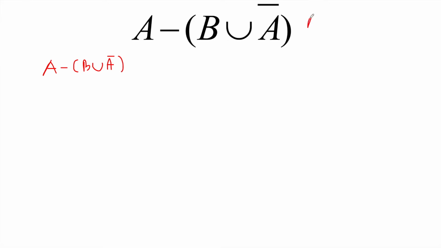So A minus B is equivalent to A and B bar.